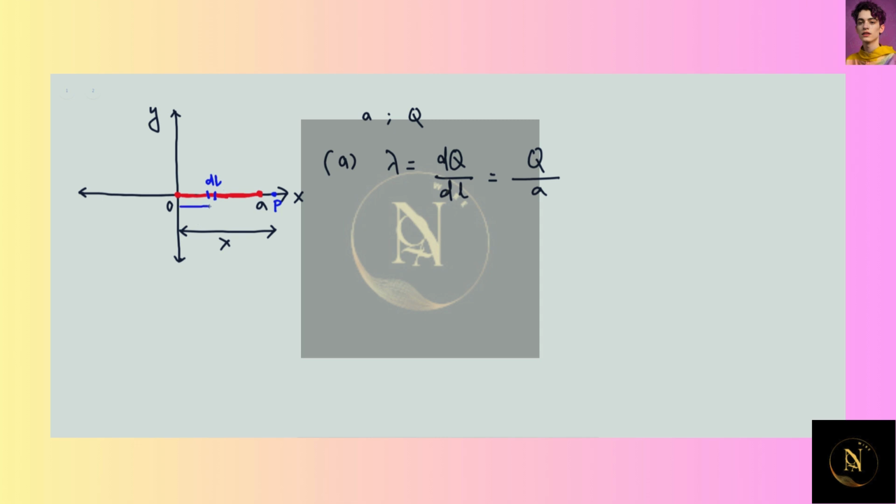So this is at a distance L from the origin, which means that the rest of the distance is a minus L.